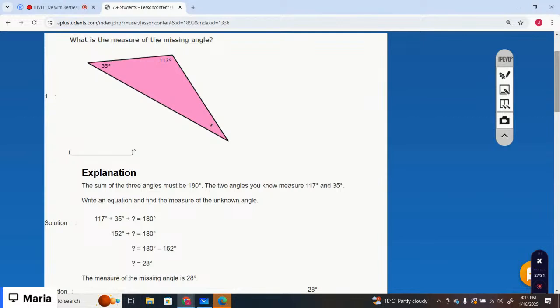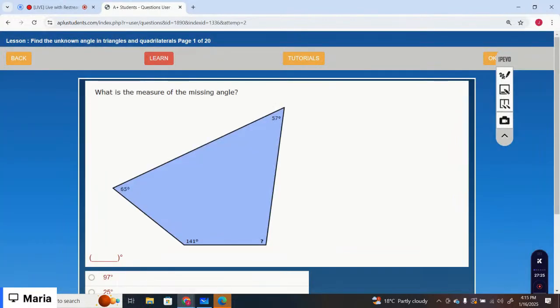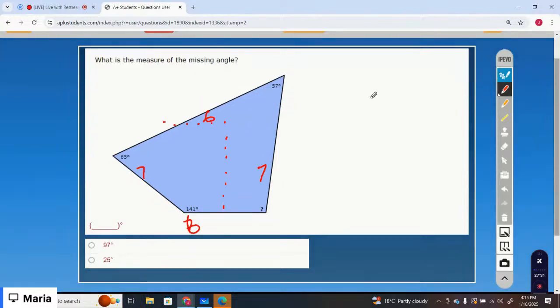Let's just start with the test questions. What is the measurement of the missing angle? So that is a four-sided shape, right? That is 57 degrees, 65, 141, and the missing number.